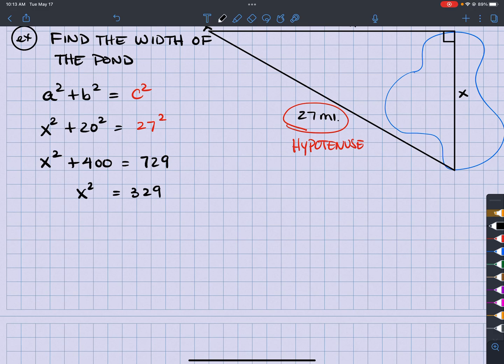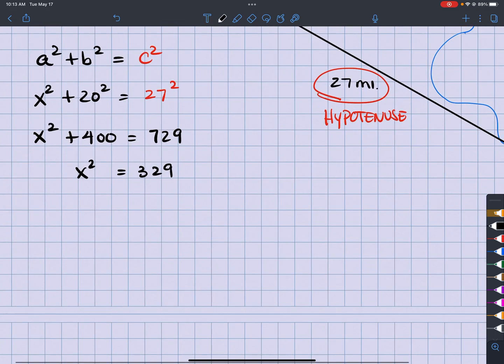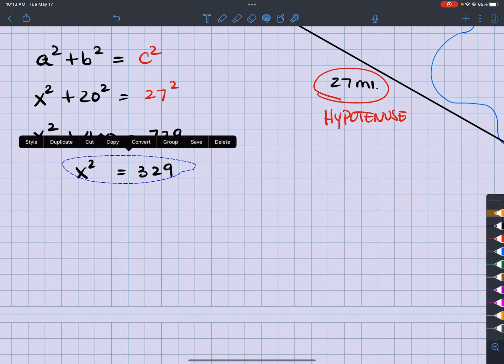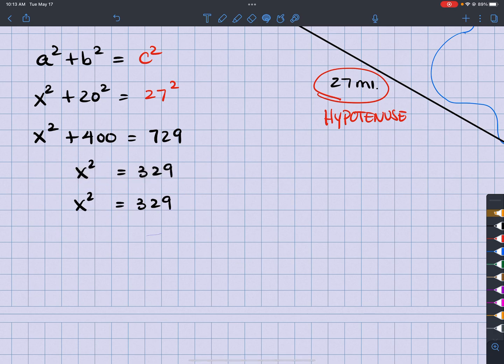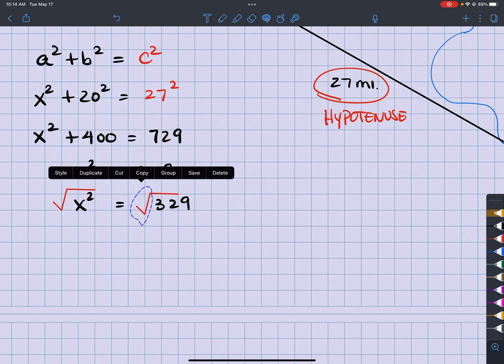It is not. So now, here's the thing I want to bring up. Let me duplicate this so you guys can actually see. Don't forget that the opposite operation of x squared is the square root. And because I'm taking the square root of this side, I have to take the square root of this side.